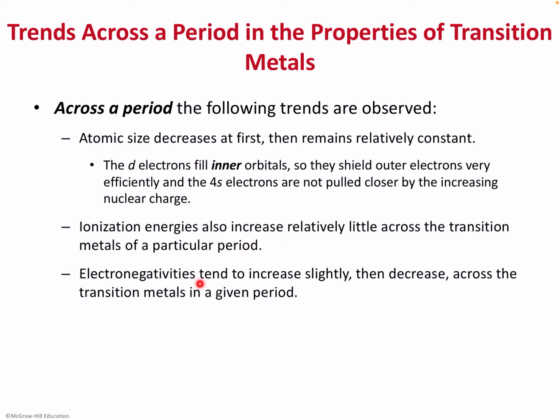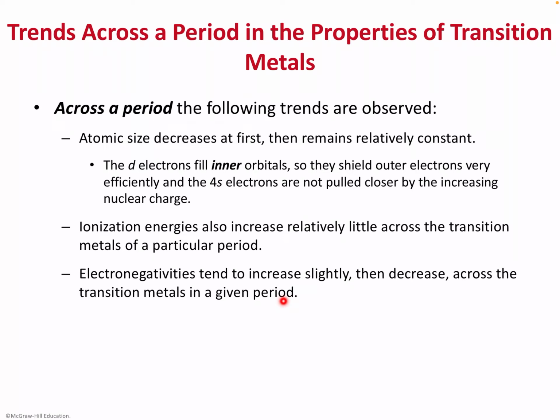And electronegativity is the ability of an element to attract electrons towards itself. The electronegativities tend to increase slightly, then decrease across the transition metals in a given period.